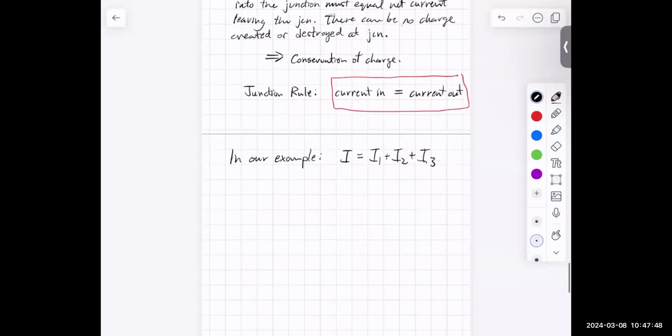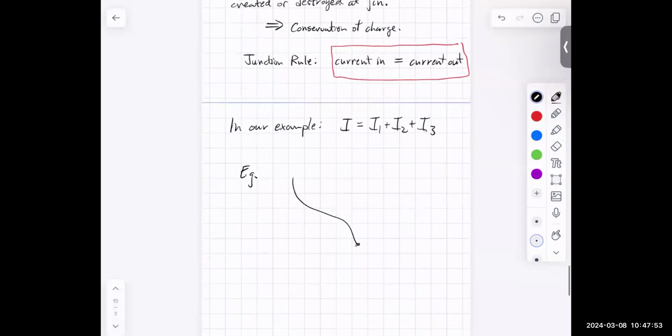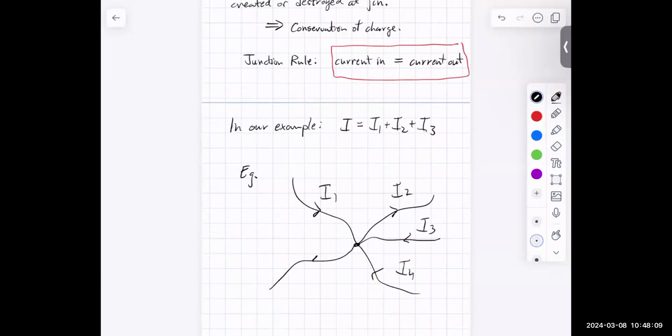We could do one other trivial example. I could add another branch, and I could say, here's I1, here's I2. I'll just pick some random directions here. I4, and let's say this is I5. And so if I want to apply the junction rule, all I have to do is find current into the junction. I1 is headed towards the node or the junction.